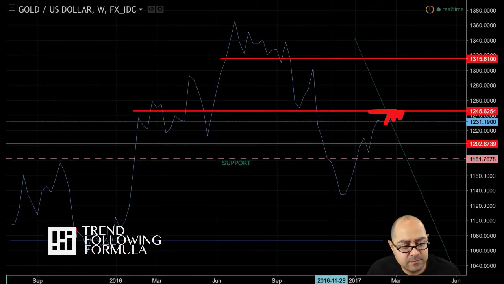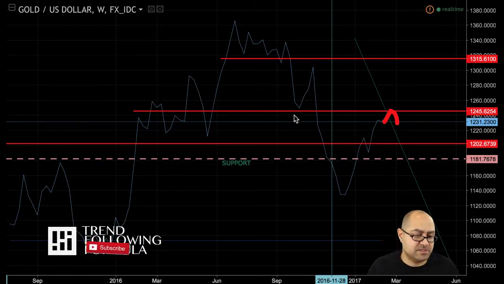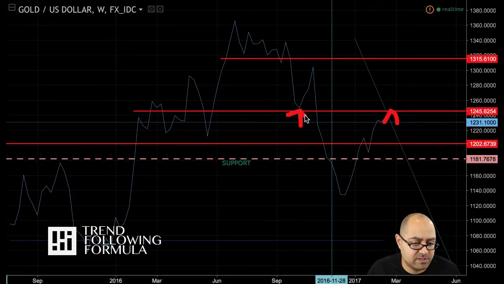resistance. So I really want to see that line chart doing like that, if this is going to work as a resistance respecting that previous level. So that's the point here that I think we still have some room for 1245 on the gold.